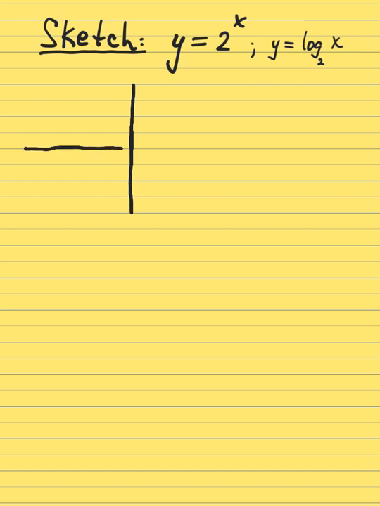So let's compare and contrast y equals 2 to the x and compare that to log base 2 of x. Okay, so in blue, let's do the exponential. Remember, horizontal asymptote along the x-axis. Crosses at (0, 1), and then just takes off.